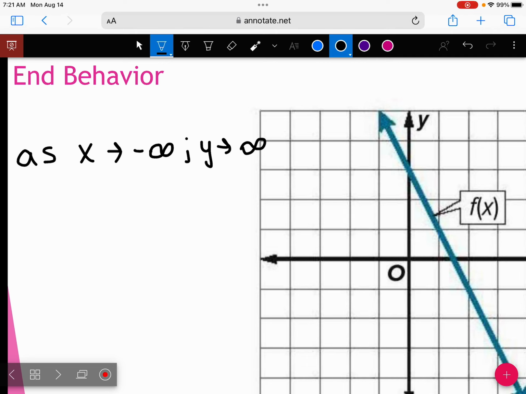That's the way we write it mathy. The way we would say it is left arrow up. That's what this means. As x approaches negative infinity, y approaches positive infinity.